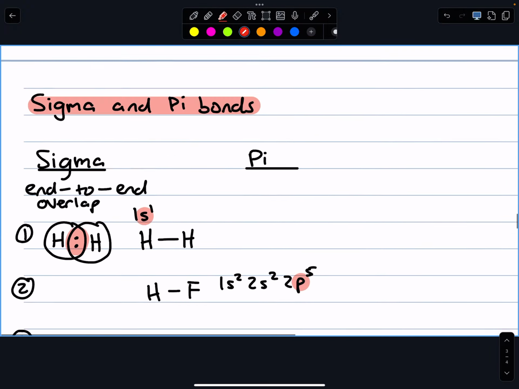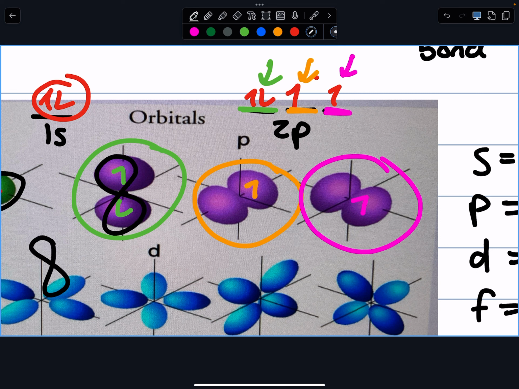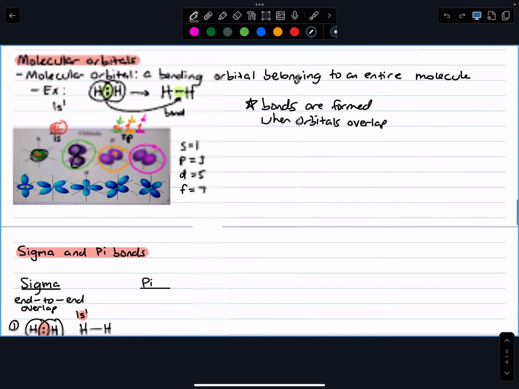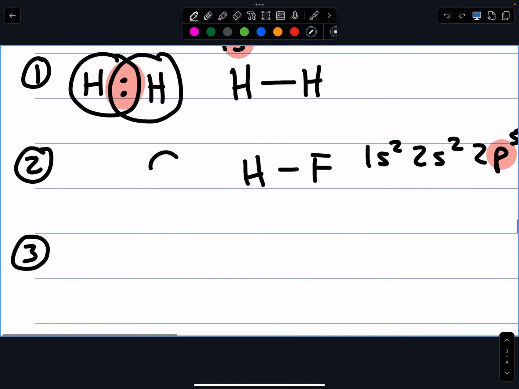Okay? P orbitals, what do they look like? We draw them as dumbbells. So this is what we represent P orbitals as. Dumbbells. So if you see that, I'm talking about a p orbital. Does that make sense? There are 3 different orientations, 3 different directions. So here for the fluorine, I have a p, right? And for the hydrogen, I still have the s.